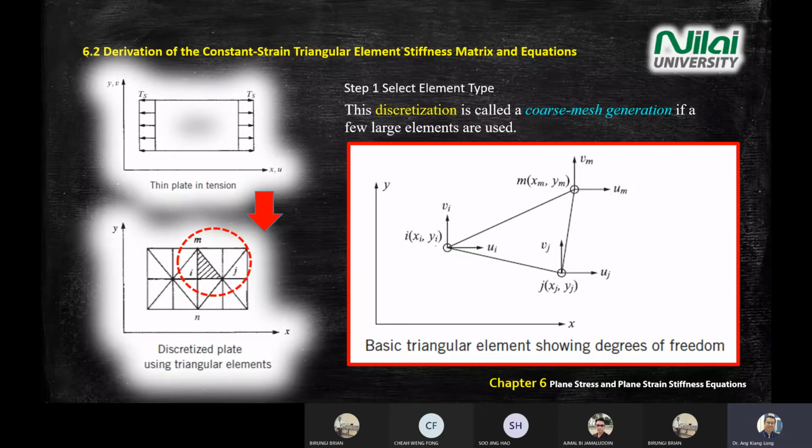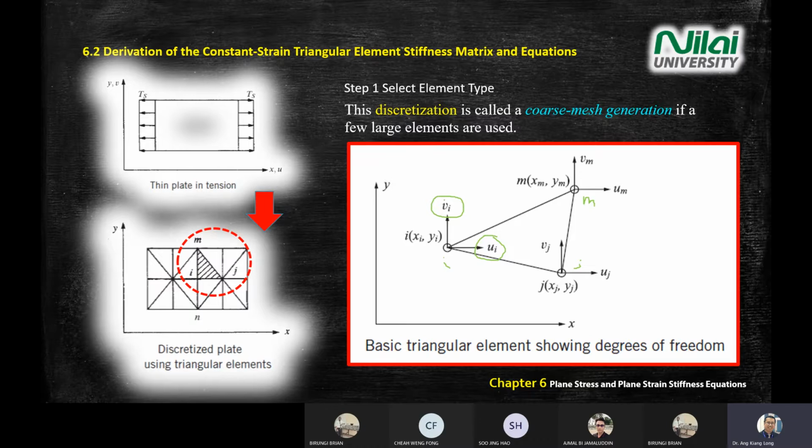node. We label it as I, followed by anti-clockwise direction J, and the third point is M. Next, you will look at the displacement in Y direction and X direction, meaning one point will give you UI, VI.